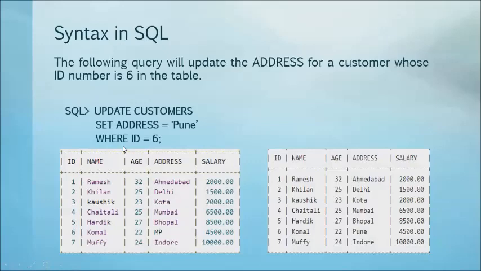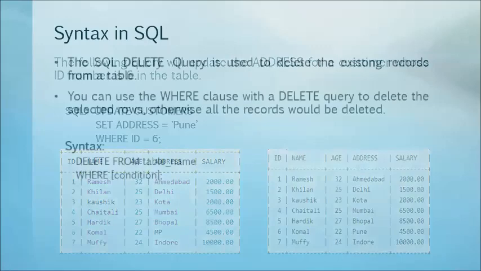We have ID number 6, which is Komal, and the current address is MP, and we will update this to Pune. So our generated output is ID number 6, Komal, whose age is 22 and address is Pune. So from MP, we will be updating this address to Pune. So that is our generated output.